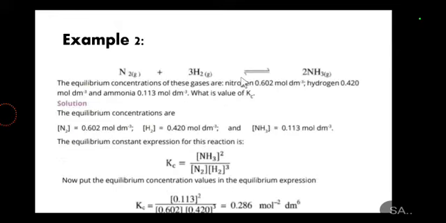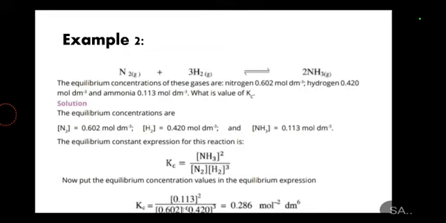Now I move to example 2, in which 1 nitrogen is reacting with 3 hydrogen gas molecules, and then it is giving you 2 moles of ammonia gas. We have mentioned here the equilibrium concentrations for nitrogen, hydrogen and ammonia gas. We simply express this equilibrium constant, and we'll put the values one by one.